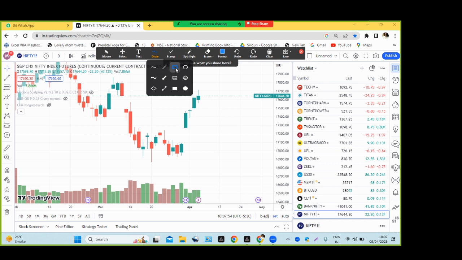Just understand that it is filled with either red or green color. And this is called Marubozu. Apart from that, there can be a very small wick, but the body will be very big. Even this is one kind of Marubozu, this is another one. Can you tell, is this a Marubozu compared to these two candles? Can anyone confirm?